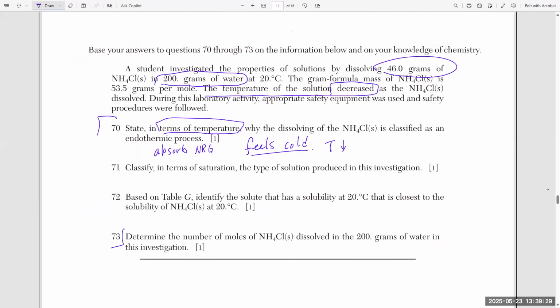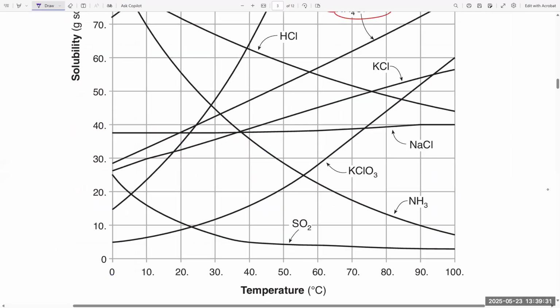Temperature was at 20 degrees Celsius. So at 20 degrees Celsius, that curve meets right over here where I put the blue dot. All right. What does it tell you? This is approximately 38 grams. But remember, that's 38 grams in 100 grams of water, right?